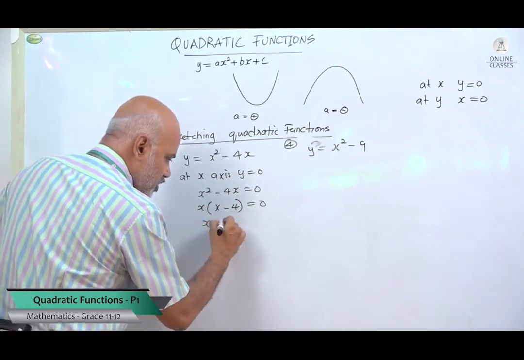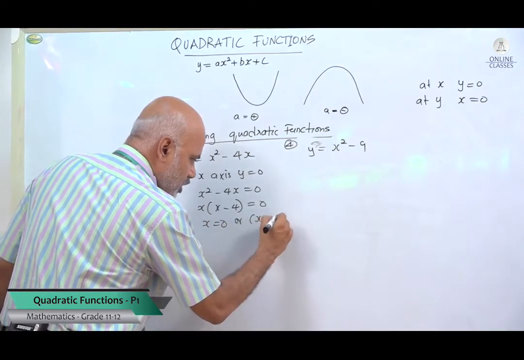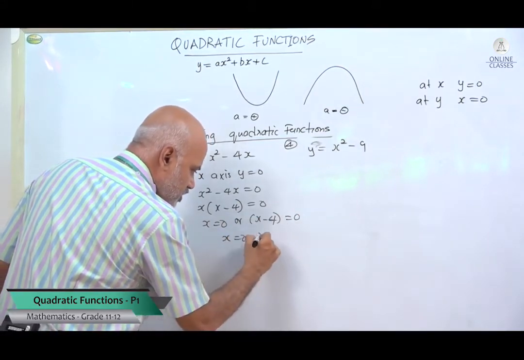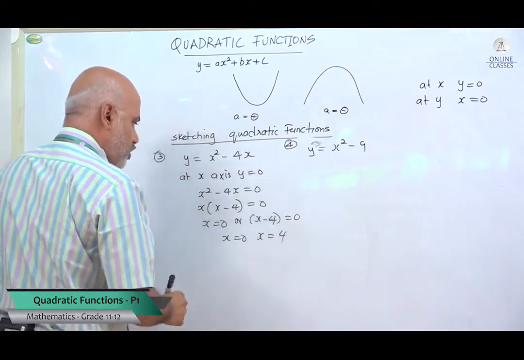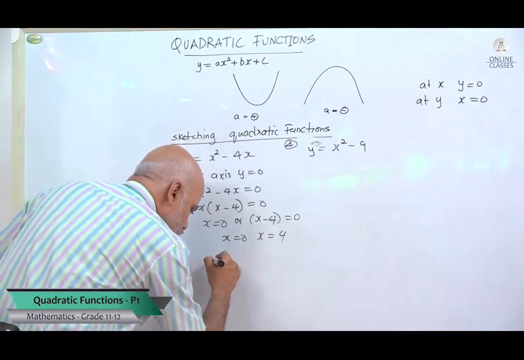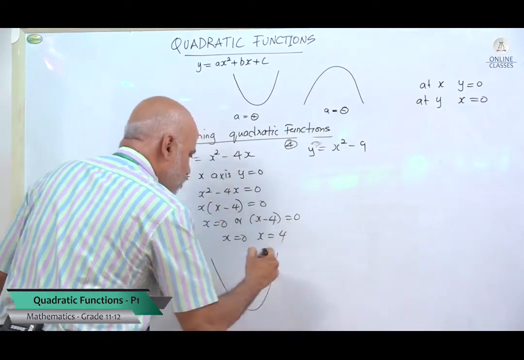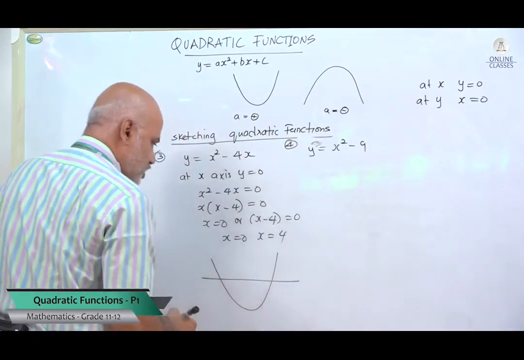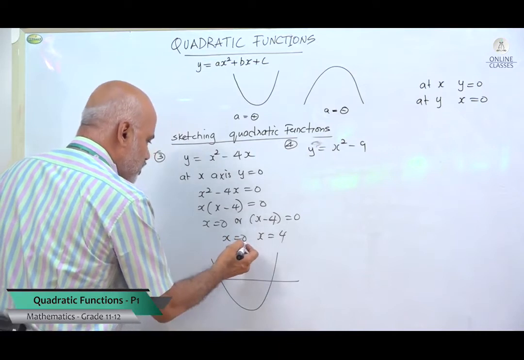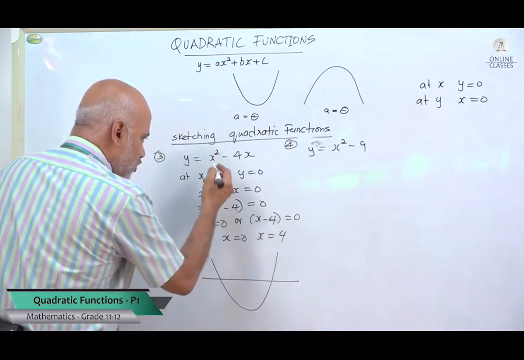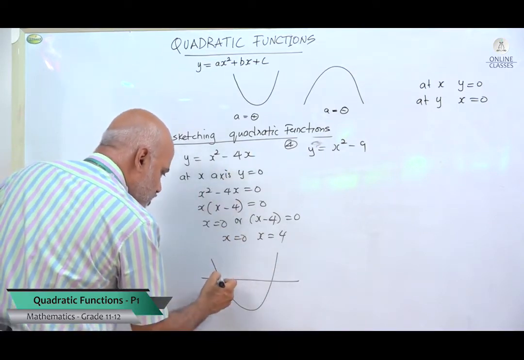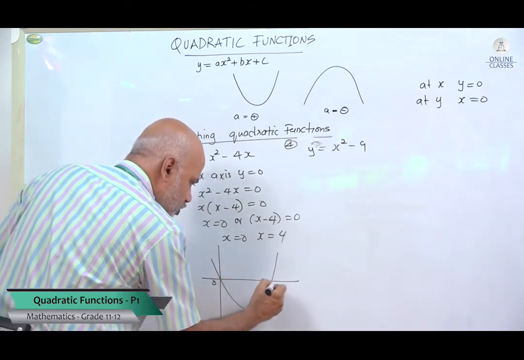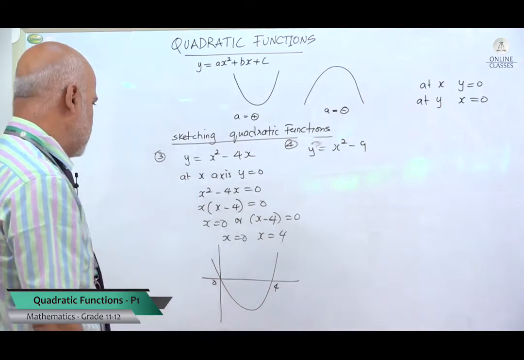So x is equal to 0 or x minus 4 is equal to 0. So x is equal to 0 and x is equal to 4. So what would the graph be? Once again I am drawing the curve first, and I got two intersecting points. When x is equal to 0, y is also 0. So (0, 4)... sketching is done in this part.